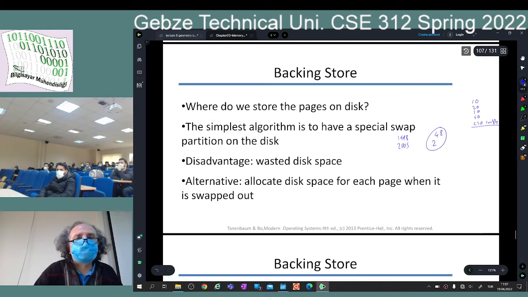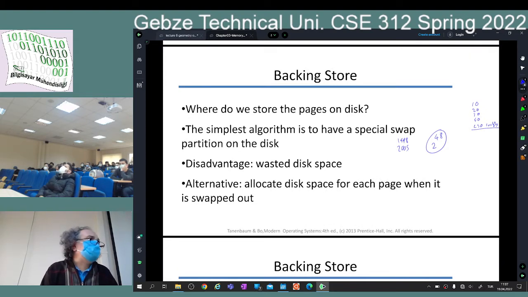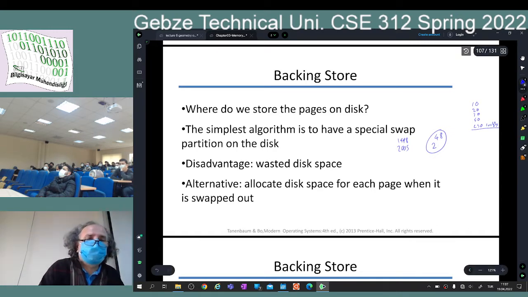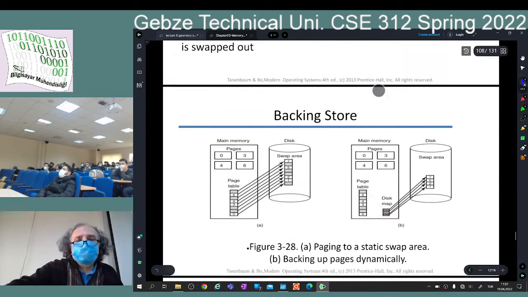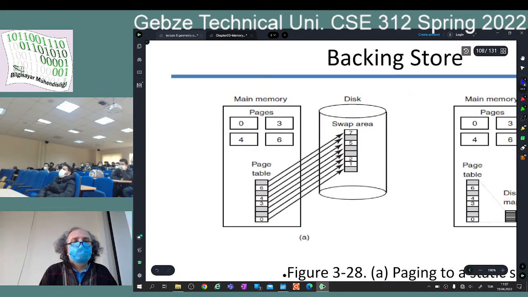So the simplest algorithm is to have a special swap partition on the disk. So try to keep an exact copy of the virtual address space on your disk. It wastes this space. My page table is a very large page table. Let's say 2 to the 48 is my virtual address space.